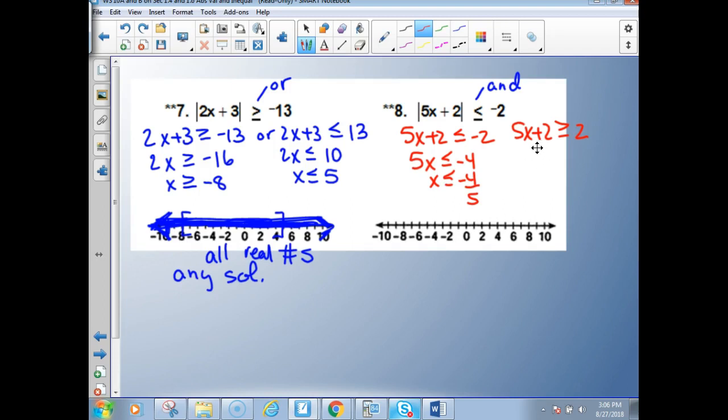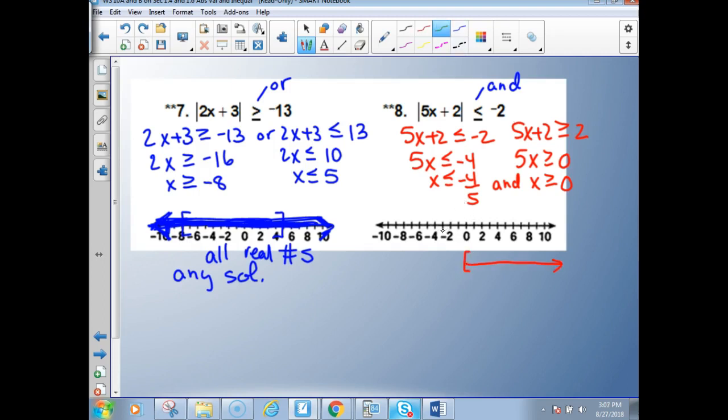Well, I'm not going to graph it yet. This one, subtracting 2 would give you 0, and dividing by 5 would give you x is greater than or equal to 0. Well, it's an and, so that would be from 0 on up.